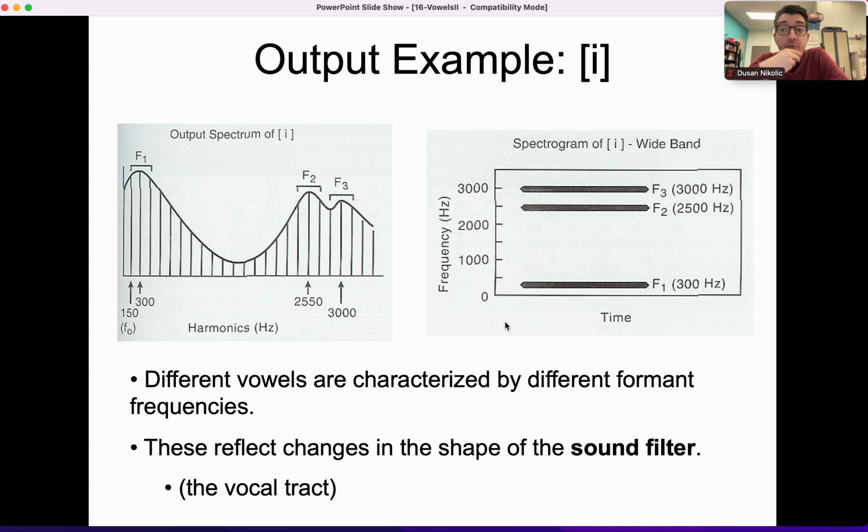And the output for E will look different. Why? Well, because we are shaping our vocal tract.